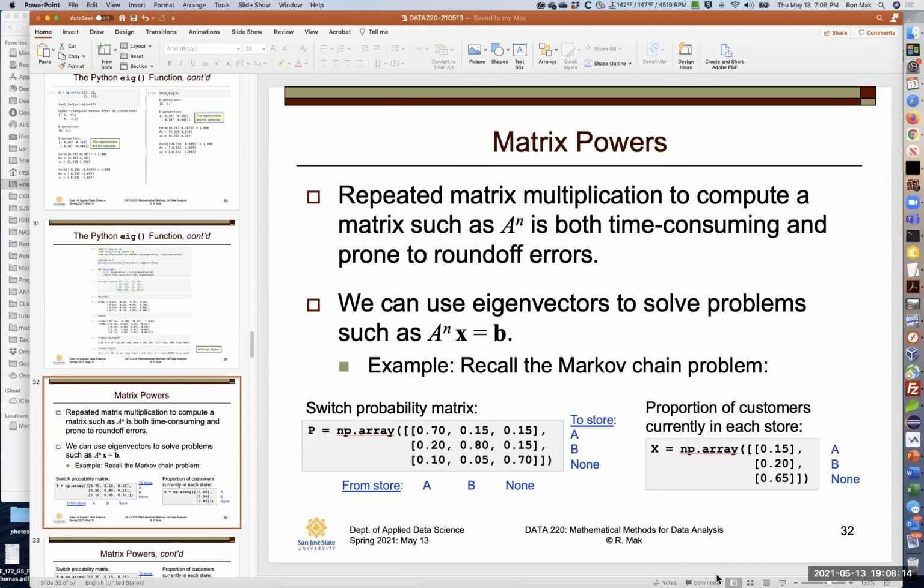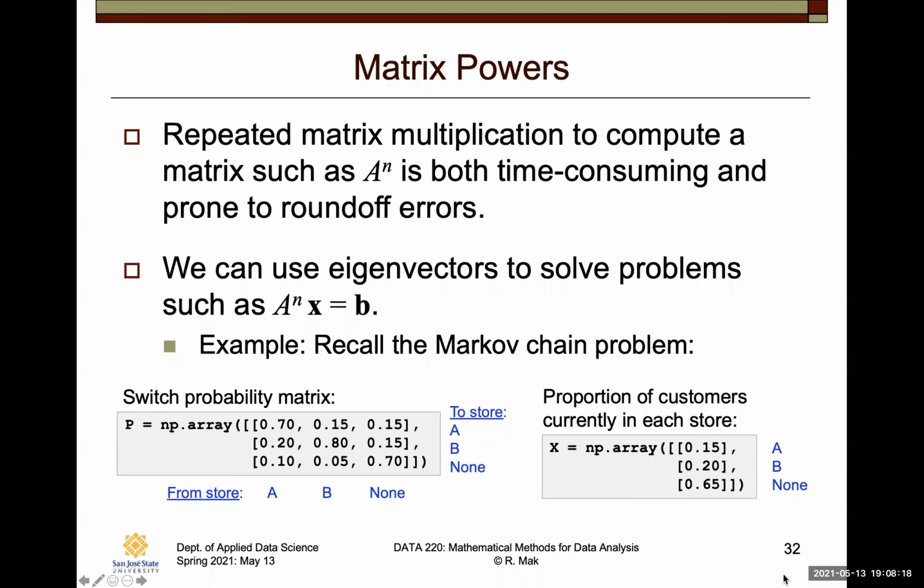Now you've seen earlier that we had done things such as the Markov chain problem, where we had to calculate some matrix to the nth power. And again, that can be very slow, and because of all the multiplications and additions, when you're calculating all those dot products, you run the risk of round-off errors.